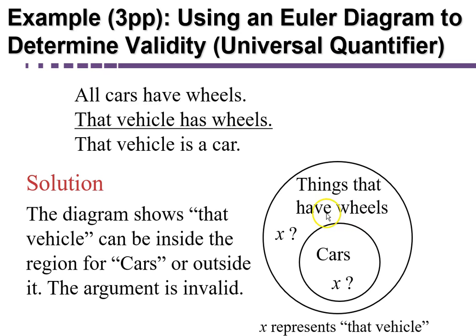But the X, which represents that vehicle, could be inside the subcircle of cars or outside that subcircle, and since we do not know where it would be placed, we say this argument is invalid. So again, sketching it, reading these, because you'll have some like this for your homework.